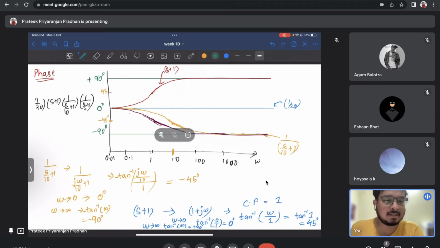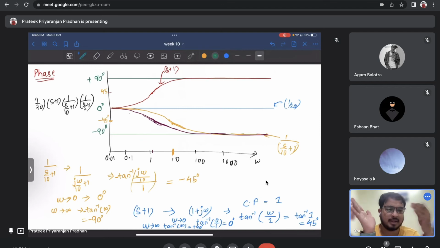So this part is clear to everybody, the bode diagram. Yes, so the steps: first you need to factorize it, then for individual terms draw the approximate magnitude diagram, then the bode plot for the phase diagram.